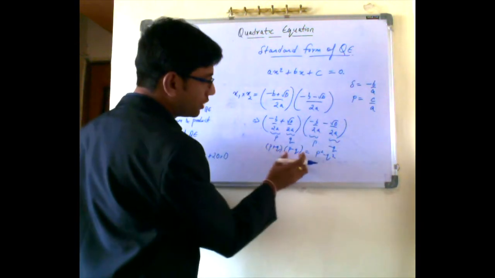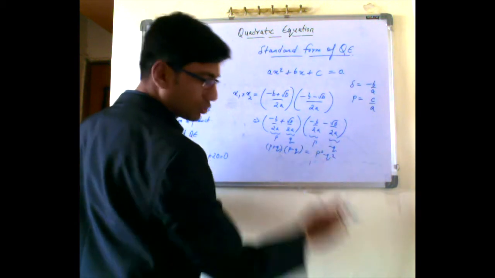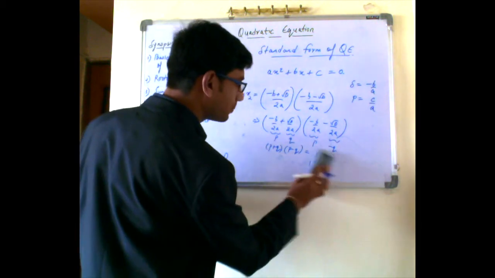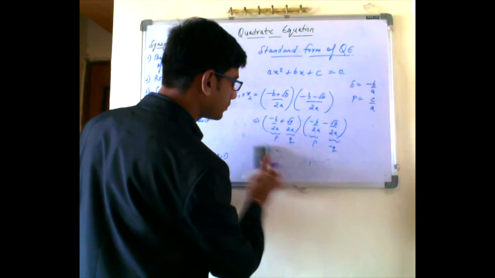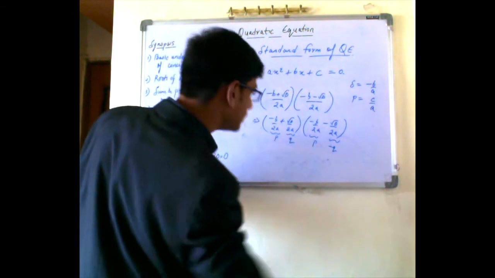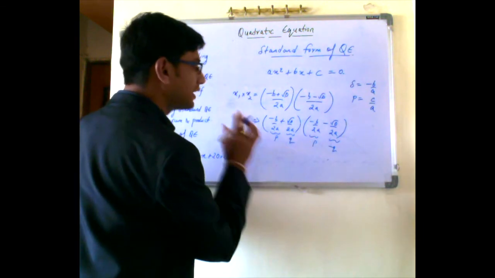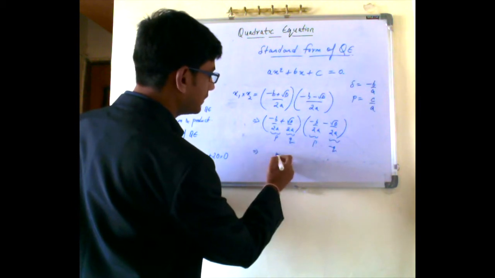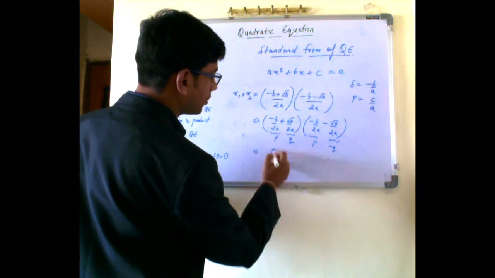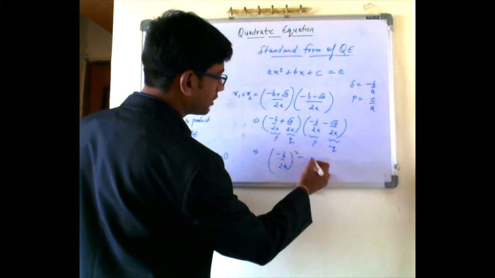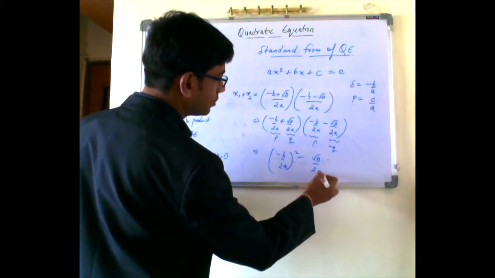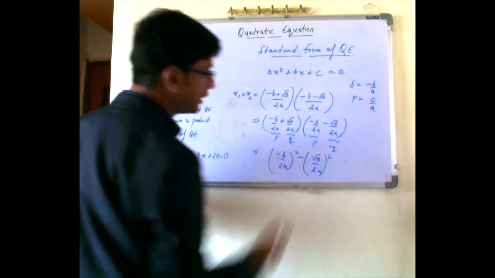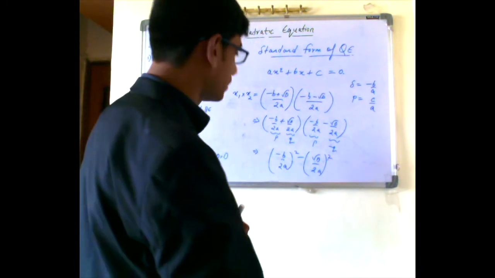So p plus q into p minus q gives me p square minus q square. This will give me an identity, that is p square minus q square. I'll write this minus b upon 2a whole square minus q square, that is root of d by 2a whole square. Now I need to solve this one as well.